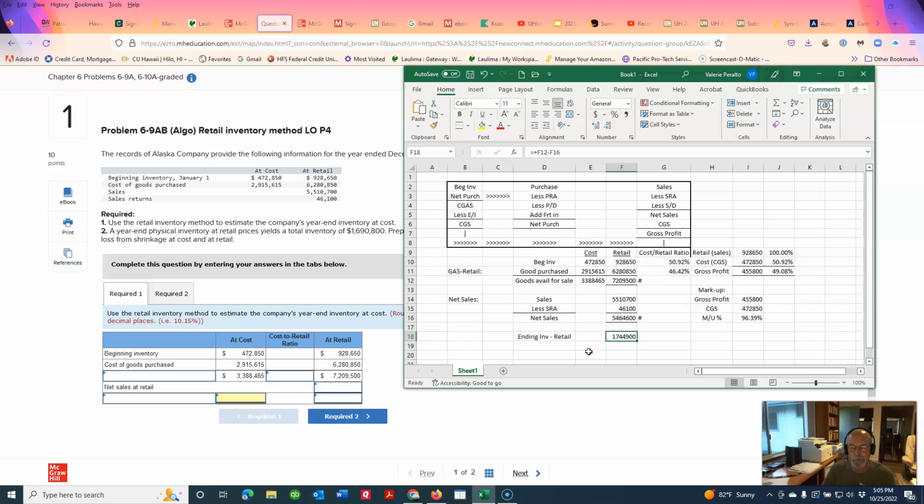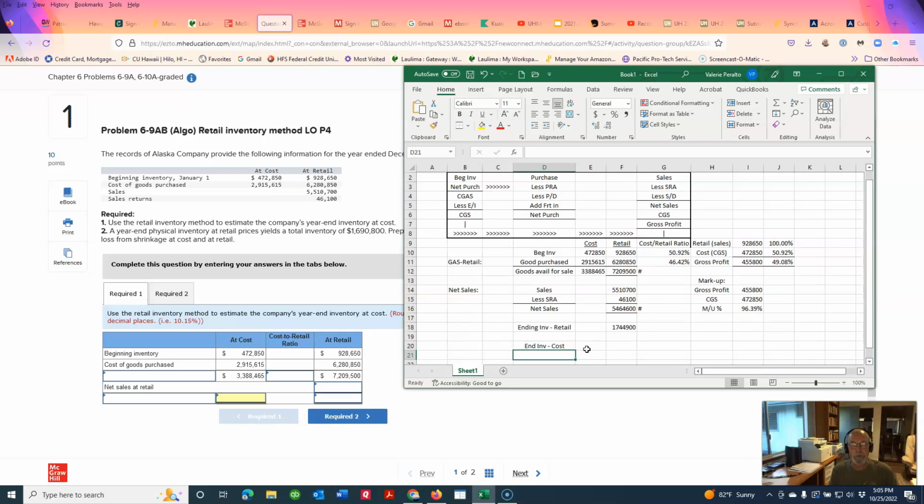And then we need to always state our inventory on our financial statements, and we show inventory on our balance sheet. We always use cost. And so to convert our ending inventory at retail to ending inventory at cost, how do we do that?